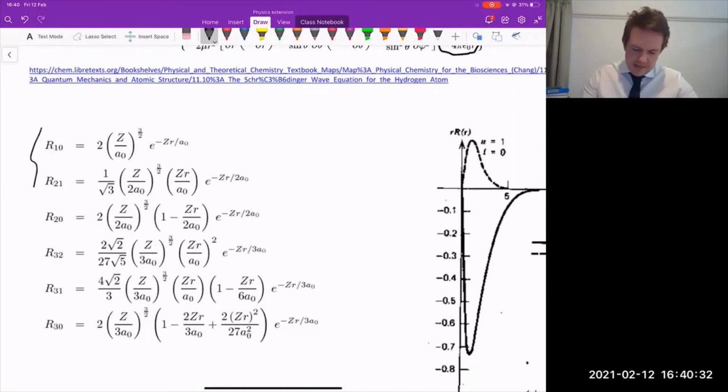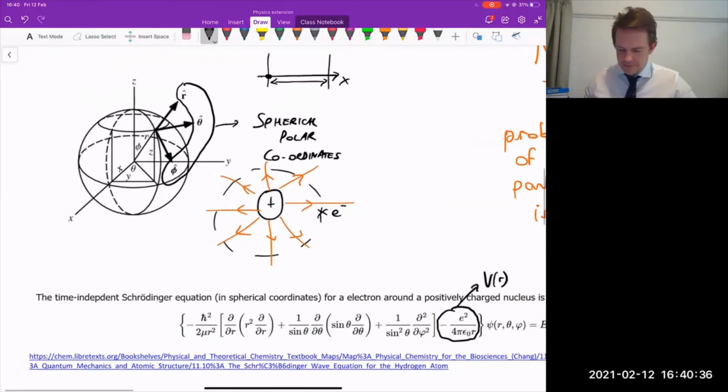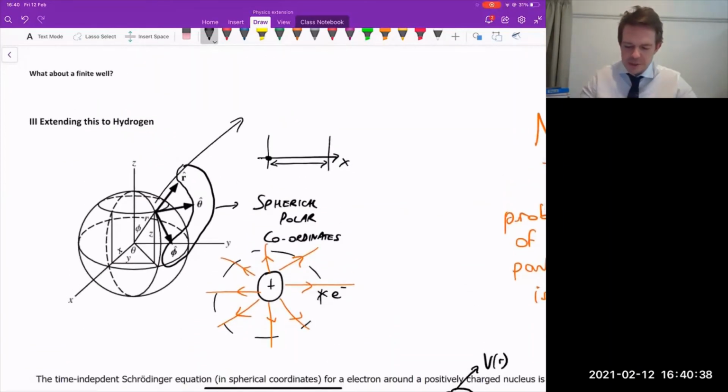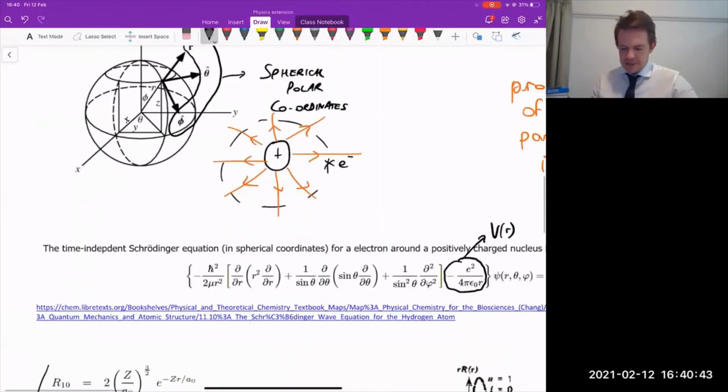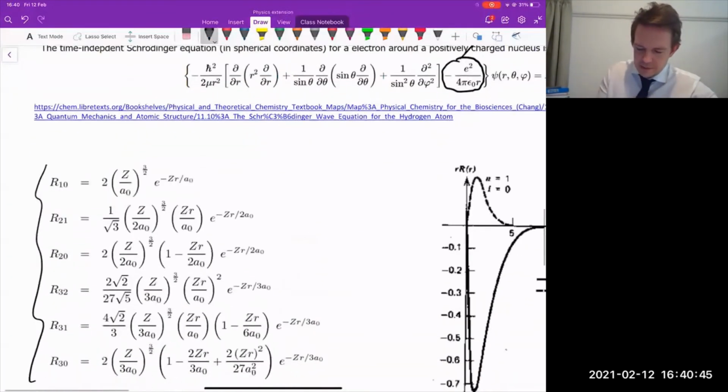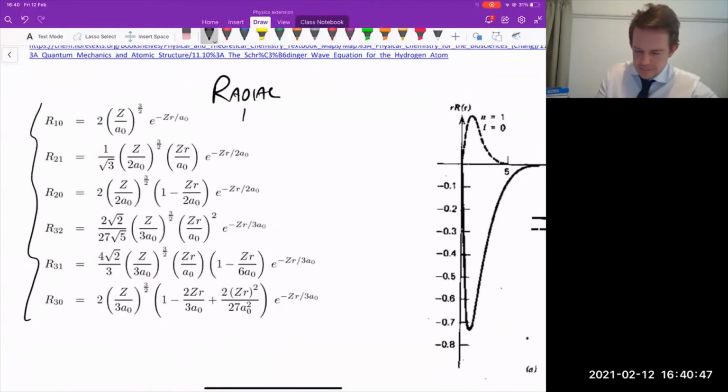Indeed. So these are the radial components of the wave function. There's also another part of the wave function, which is to do with the direction in which you're pointing, which has to do with the angles, but I've not actually included those. So these are the radial bits of the wave function. And do you notice something? For the particle in a box, I just used n, didn't I?